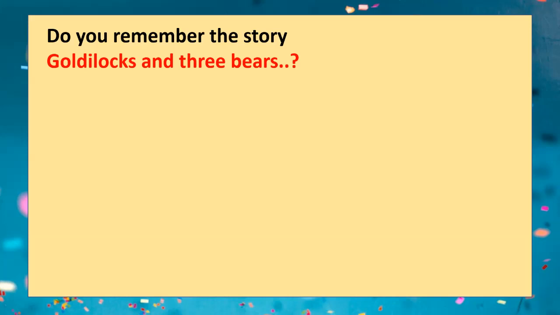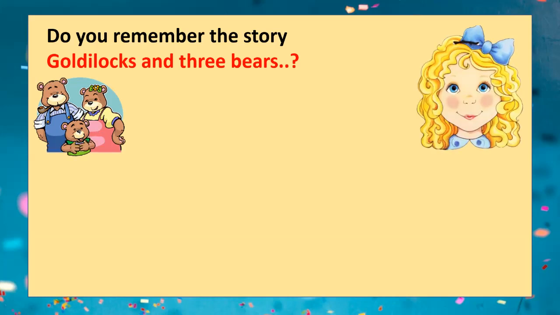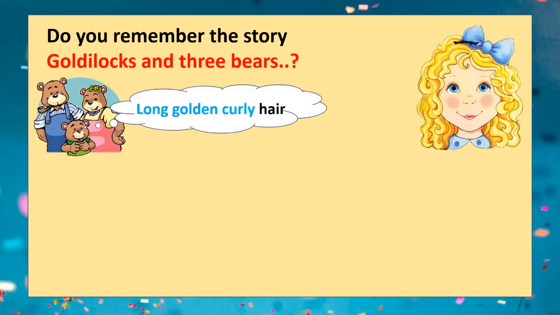Do you remember the story Goldilocks and the Three Bears? How many bears are here? Yes, three. And Goldilocks. The little bear is saying long golden curly hair about Goldilocks' hair.